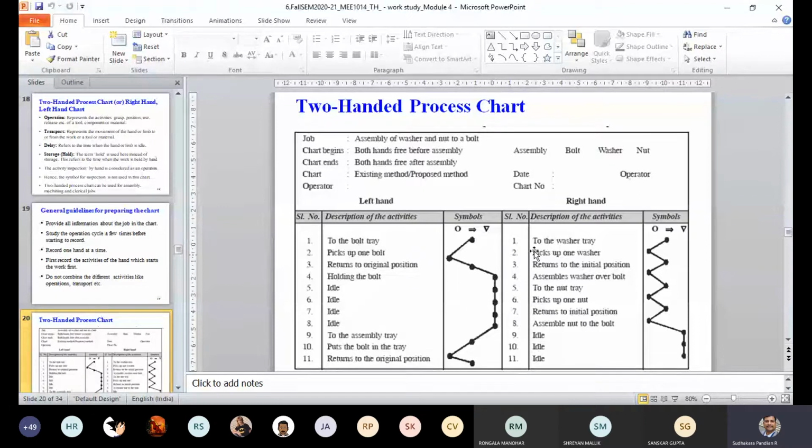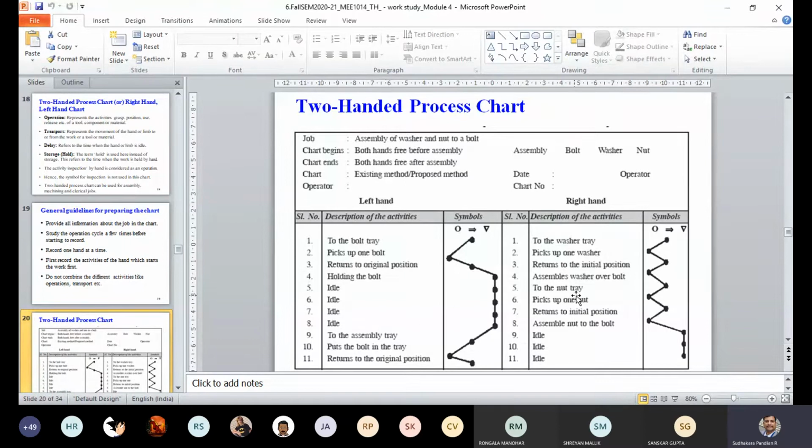During this time, the simultaneous operation of your right hand: the right hand goes to the washer tray, picks up one washer. So again transport; picks up one washer is operation; return to initial position is movement; then assembles washer over bolt, another operation. The left hand is holding the bolt, whereas the right hand is assembling on the bolt.